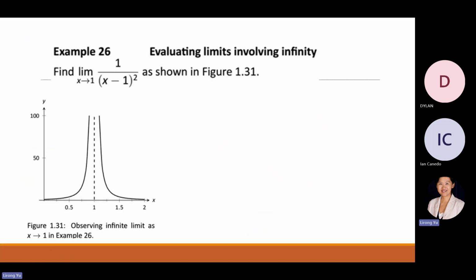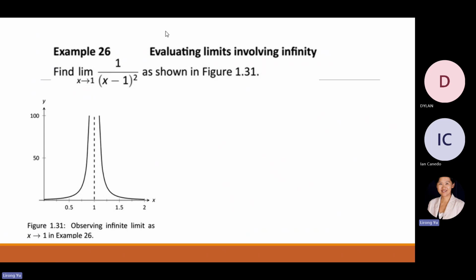All right, so this is another question. We're trying to find the limit of 1 over (x minus 1) squared as x is approaching 1. So here the graph is already provided. It says find the limit, and using the figure that we have here, it's a figure of y equal to 1 over (x minus 1) squared.